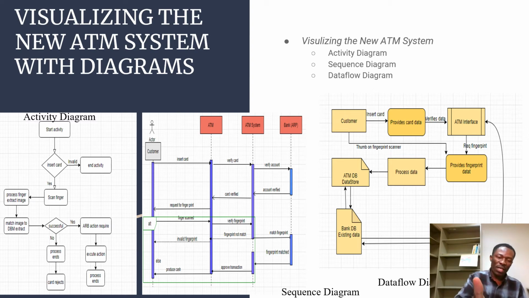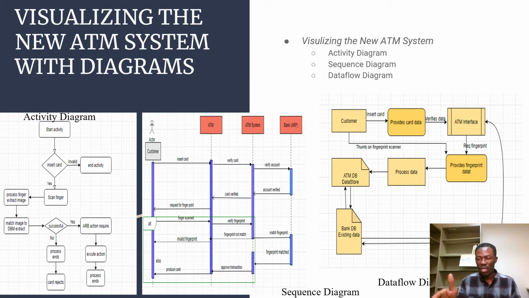So here when the customer does a fingerprint scan, if it is good, then the process continues. If it is not, then you see those broken arrows that are moving towards the customer. They are the alternatives.